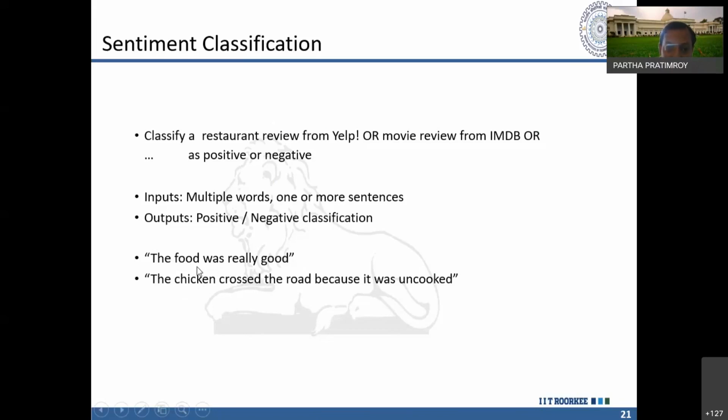Each word in a sentence depends on the previous words, on how the language is constructed and what the meaning finally is, whether positive or negative. So the sequence and the sentiment depend on this temporal order, and we want to go for sentiment classification.